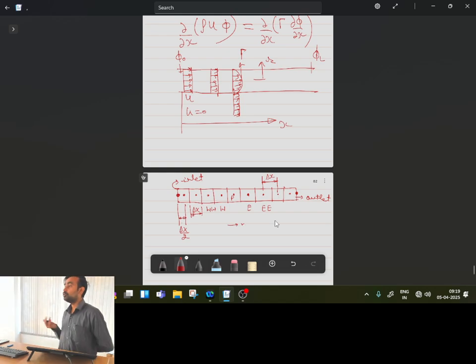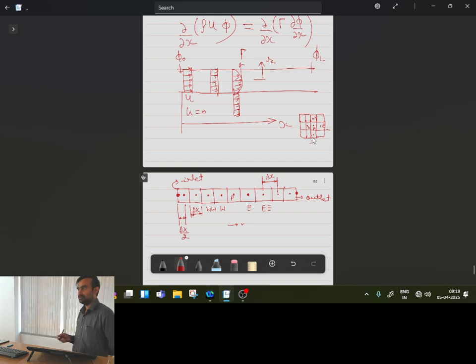If I solve a two-dimensional equation, then likewise I will be having volumes in the y direction also. Like for a 2D, it would have been like this. Then I will be having some volumes in this direction also, and if this is the present node, this will be east, this will be west, then one will be in the north and one in the south of this.